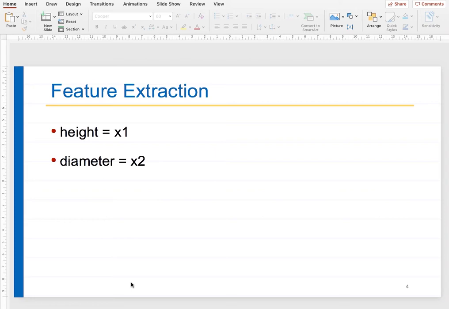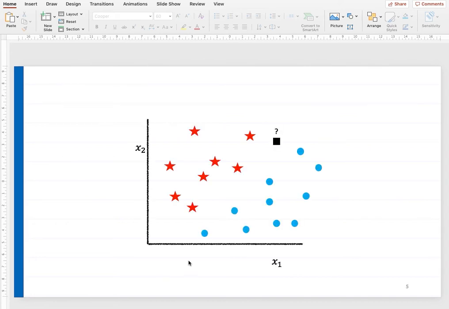This is a hypothetical example, but it makes much more sense, right? I'm trying to project a very complicated class into just 2 dimensions, height and diameter, and then we will see in these 2 dimensions how we can visualize so many things very easily. Okay, so let's start from this example.